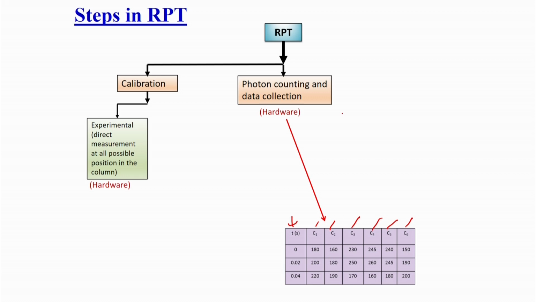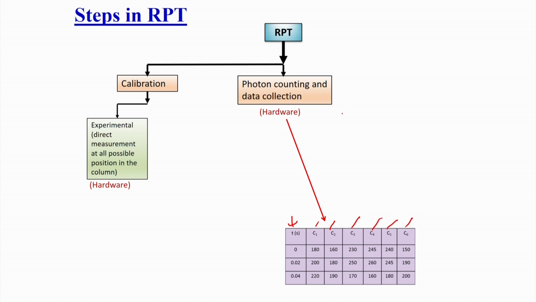However, suppose you have a bigger column diameter, or even a smaller column diameter of a little bit bigger size. You have to do the experimental calibration for a very large number of points, because the particle is moving continuously and you do not have control over where the particle should or should not go.